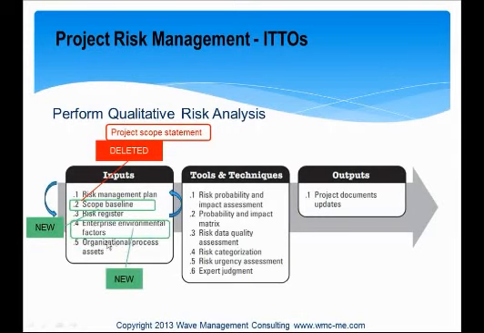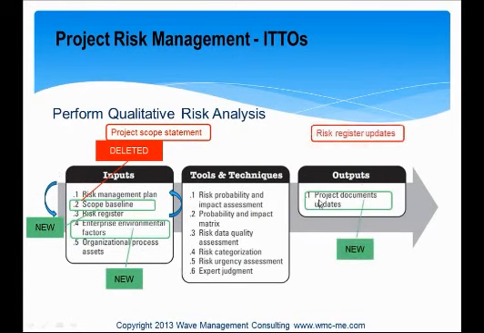Enterprise environmental factors is a new input as well, and they did some reordering of the items. In the outputs, we have project documents updates, replacing the risk register updates, because we actually could be updating more than just the risk register here.